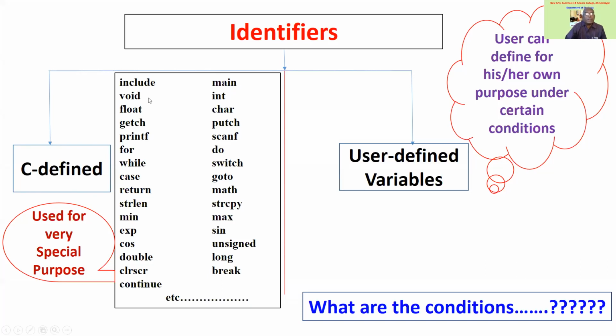Which are these words? I have listed them here: include, void, float, getch, printf, for, while, case, return, strlen, minimum, exponential, cost, double, clr, continue, main, int, char, putch, scanf, do, switch, goto, math, strcpy, max, sign, unsigned, long, break, and many more.